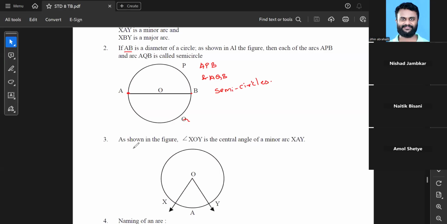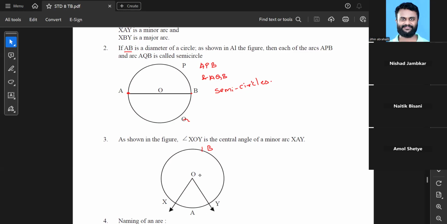Now the next point about this is, as shown in the figure, angle XOY is the central angle of minor arc XAY. For example, let me consider this particular arc between X and Y. As you can see, there are two arcs. The first arc is XAY. The second arc, let me call it B, will be XBY.